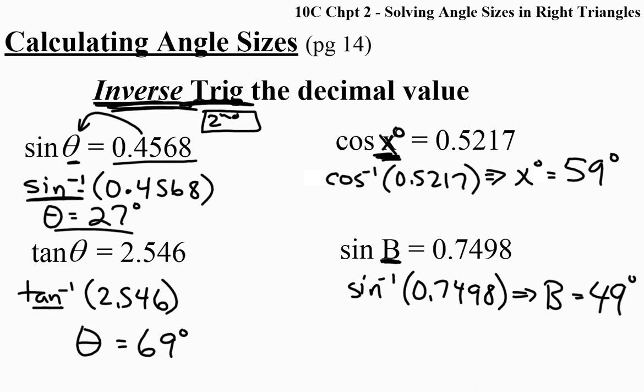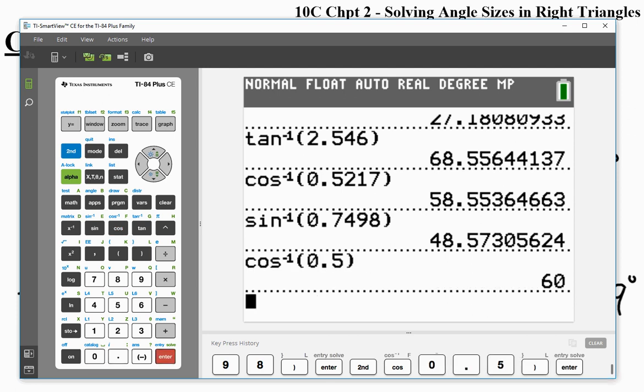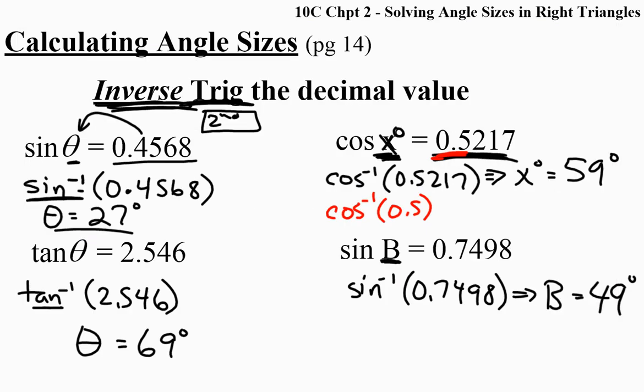Now, the only other thing I want to point out really quickly is the fact that the decimal values are 4 decimal places. If I were to get the inverse cosine and I just rounded, said, oh, it's 0.5, let's do inverse cosine of just 0.5. Well, we end up with a 60-degree angle.